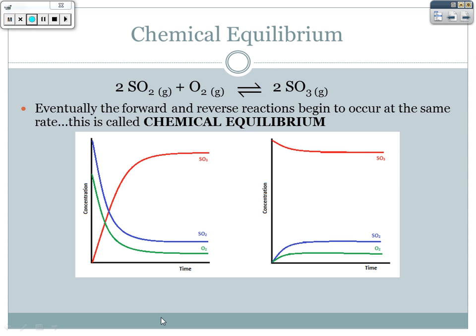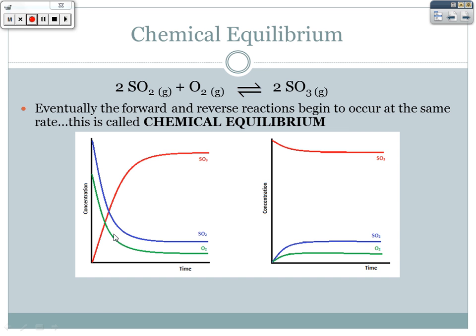What's happening here is you can see that on this side we start out with some concentration of oxygen and some concentration of sulfur dioxide. Those concentrations decrease over time until they level out, because we're forming more product.